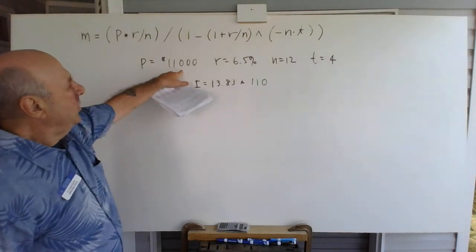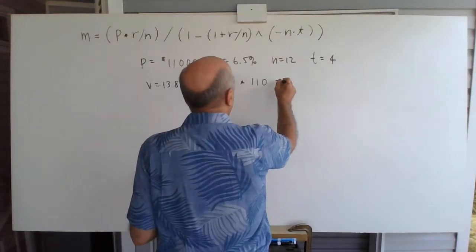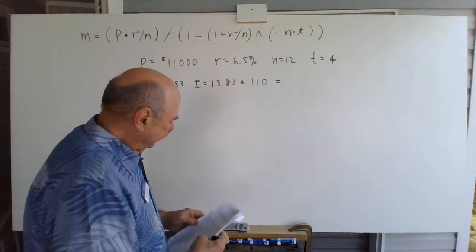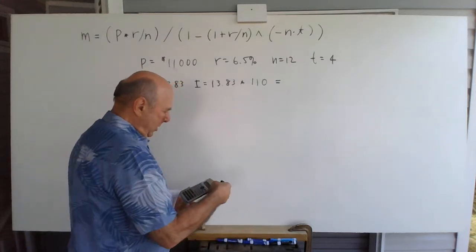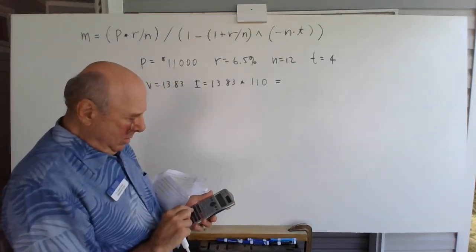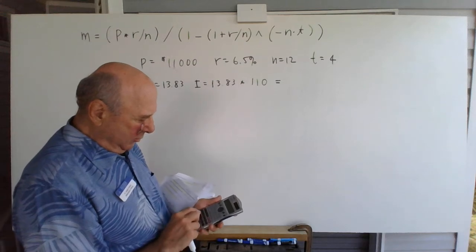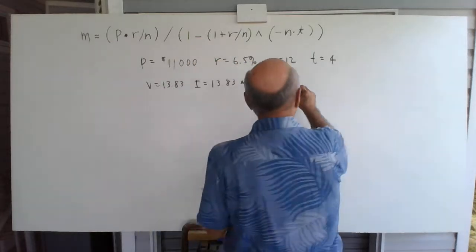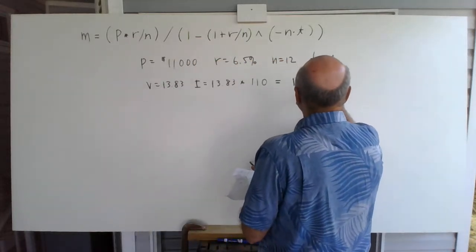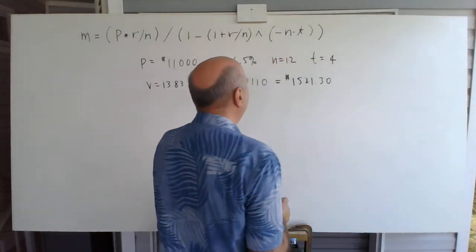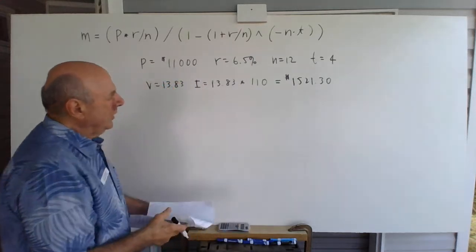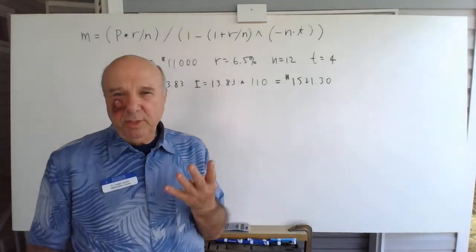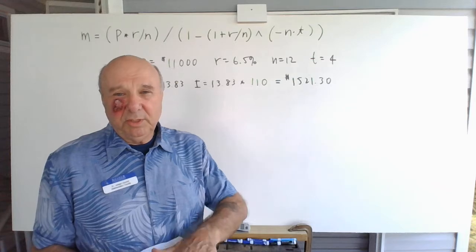If I divide 11,000 by 100, I get 110. So the total interest will be 13.83 times 110, $1,521.30. That's the total interest that I would owe after 4 years. That's how we figure it out using these tables.